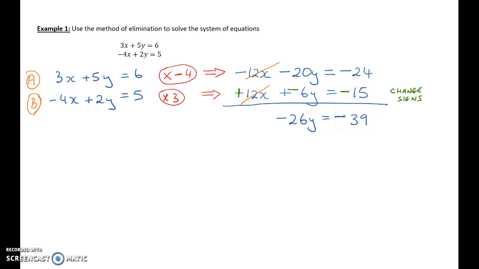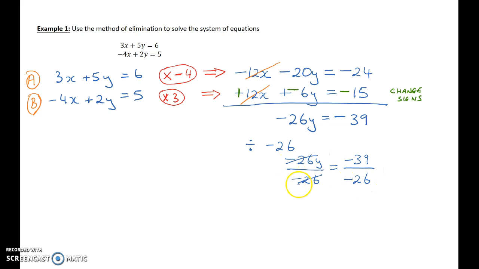Now we have an equation in one variable, and we solve for that. We simply divide by whatever is attached to the y. Negative 26y divided by negative 26 is equal to negative 39 divided by negative 26.